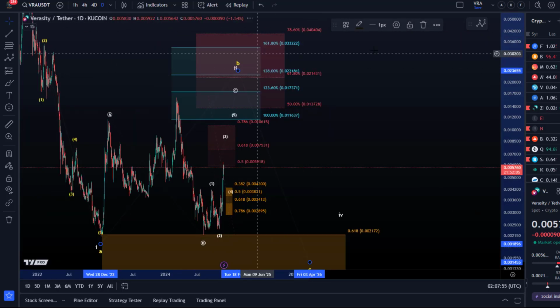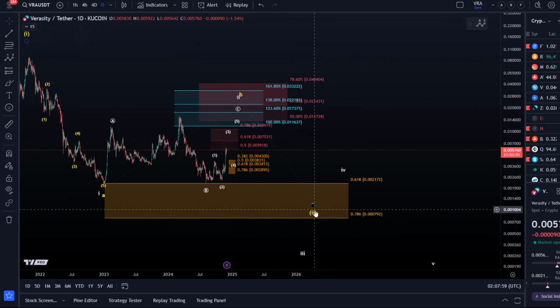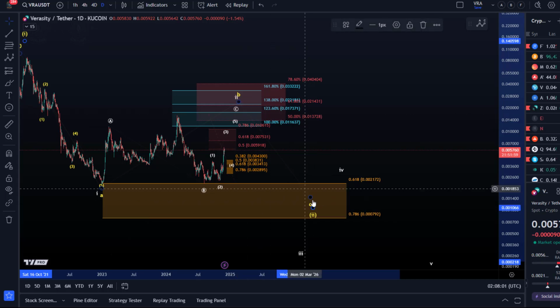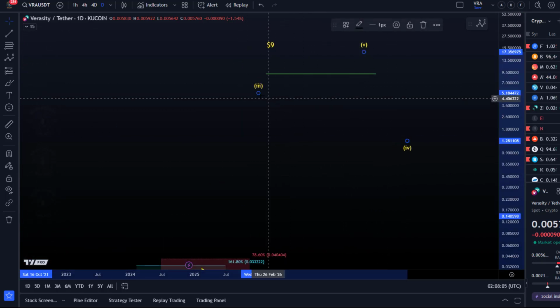And then if we go back to the daily chart, if we then form this larger wave 2, essentially, but that will take a long time, then a third wave rally can send us overall higher long term.